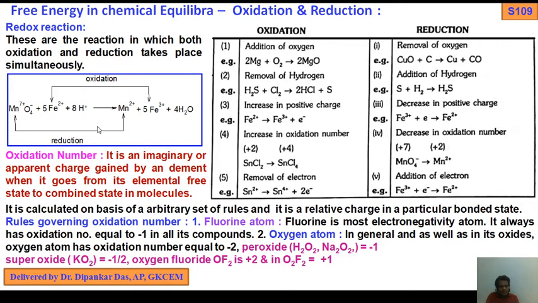Plus 7 to plus 2 oxidation number decreases, so it is a reduction. Similarly, Fe2+ to Fe3+, oxidation number increases, that is oxidation. That's why it is called a redox reaction, because both oxidation and reduction take place simultaneously.